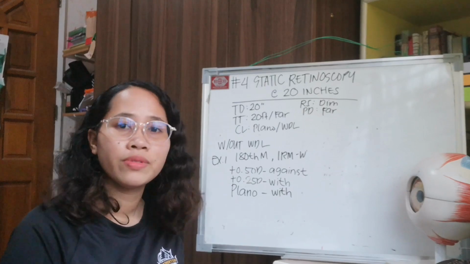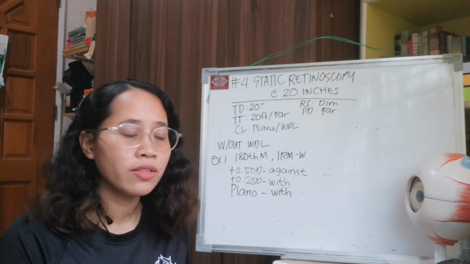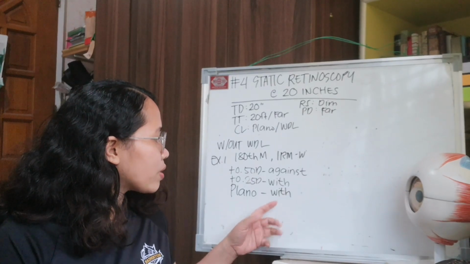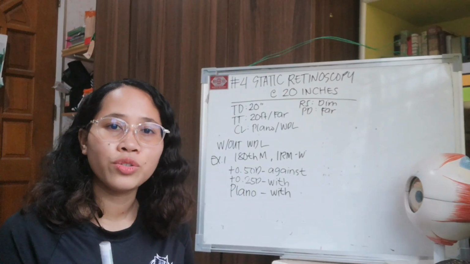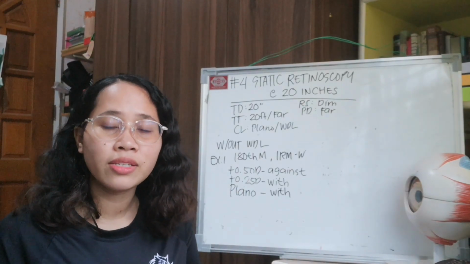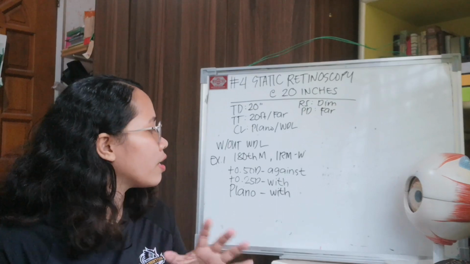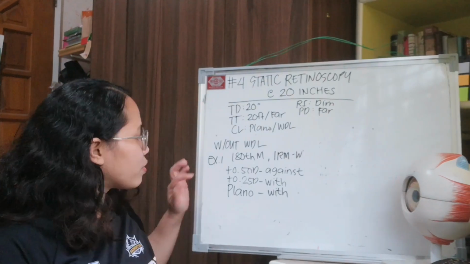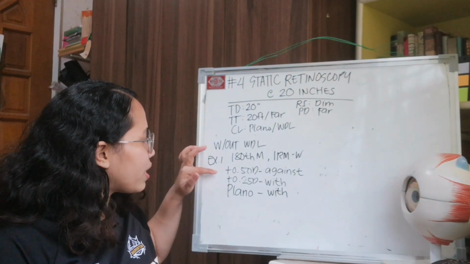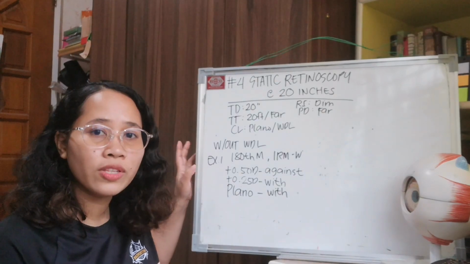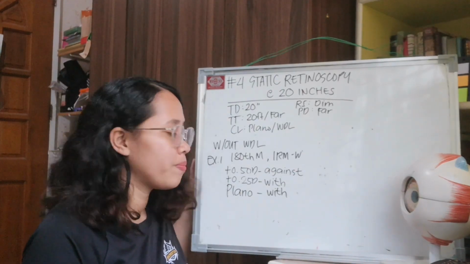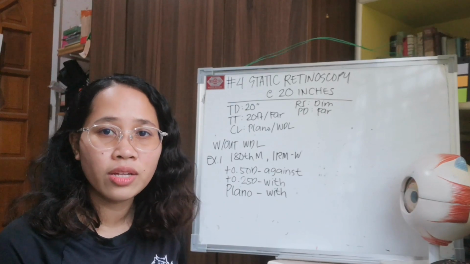At plano, the initial reflex movement is with. So because it's with, we introduce plus lens to neutralize the refractive condition of the patient. Okay, so at plano, we introduced plus 25, but with plus 25, it's still with.